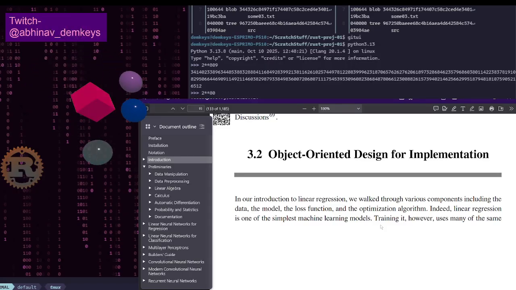Shit, I just realized we are a good half an hour, 45 minutes into the stream now, and I'm still on this book.